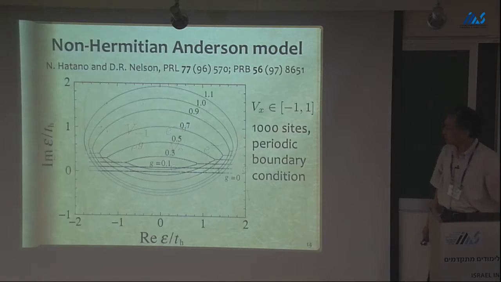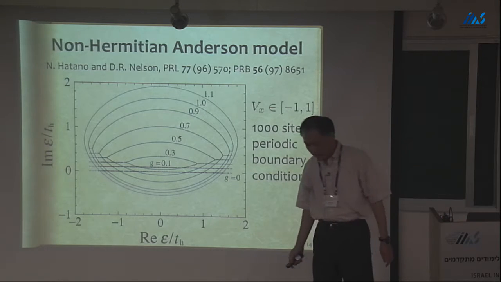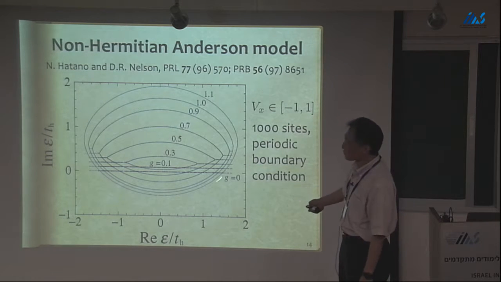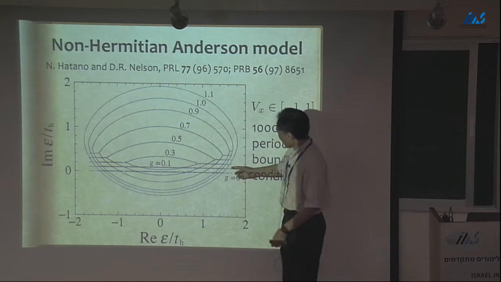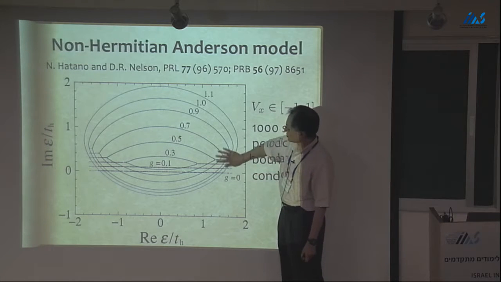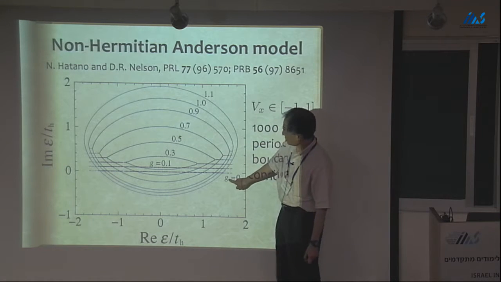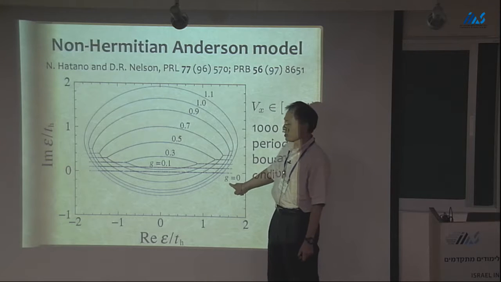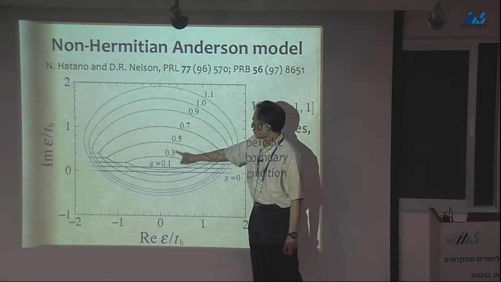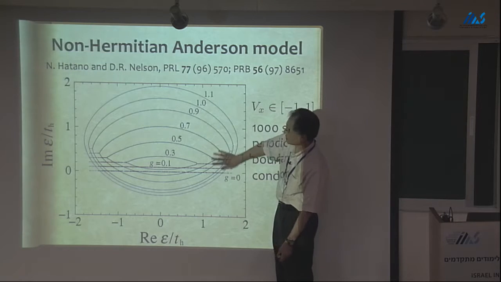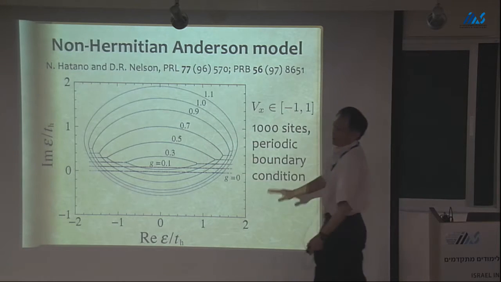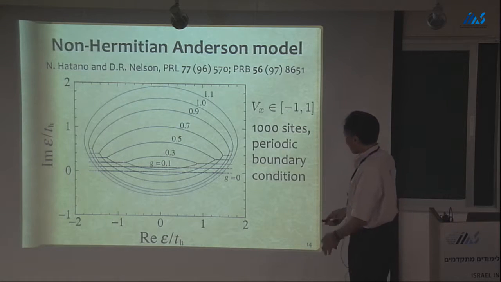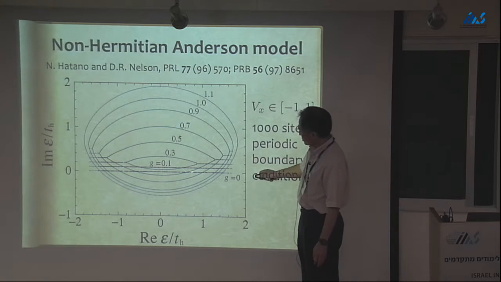Now, I found that the spectrum of this model looks like this. I changed this real parameter g. So this is 0, 0.1, and so on, and I shifted them a little bit more so that they don't overlap and mess it up. Let me explain one by one.